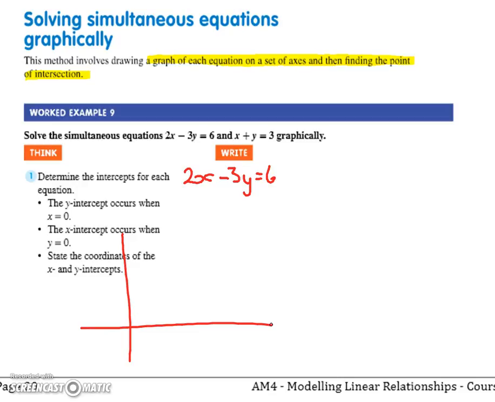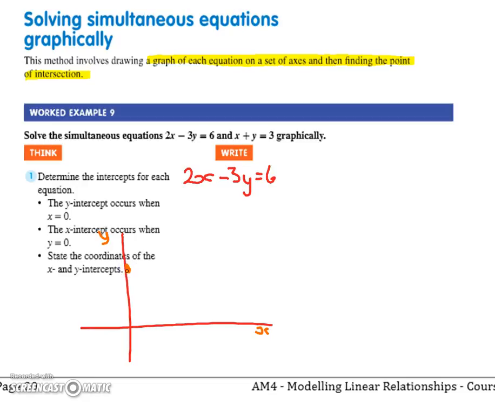When anything like this, if you're not given a point, there are two points that are relatively easy to find. What do we call it when x equals 0? The y-intercept. So we want to find where it crosses the y-axis.